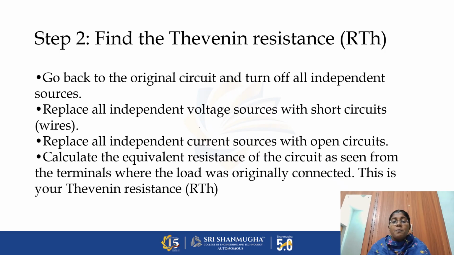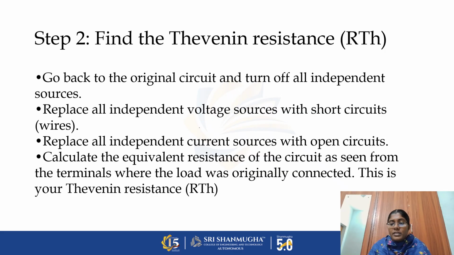So if it is a current source, you have to remove the current source and leave it as open terminals. And you have to find the equivalent resistance of the circuit as seen from the terminals where the load was originally connected. So you have to look at the circuit from the load resistance side. This is your Thevenin's resistance.